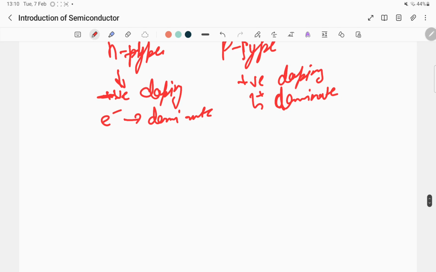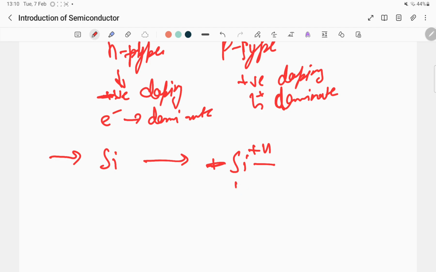So let us understand this P type and N type concept with the help of one example. I am taking the basic semiconductor material as silicon, and we will see how we can make silicon N type and P type. Silicon has +4 valency.